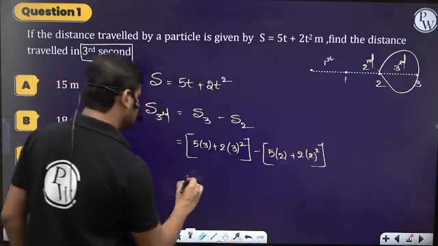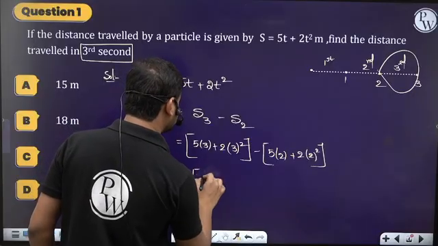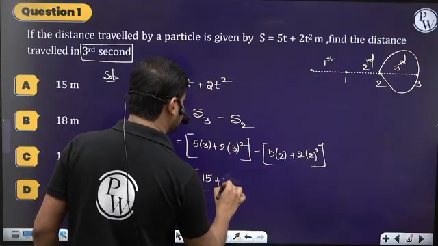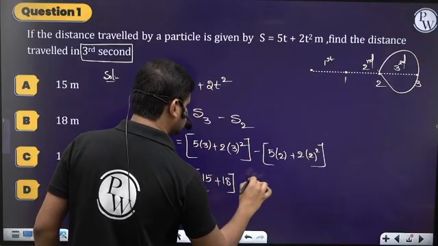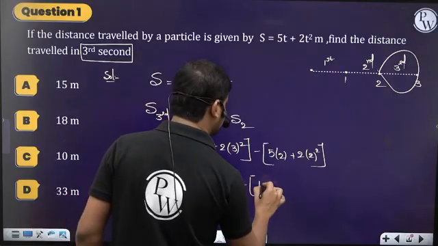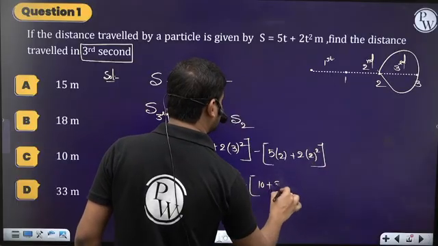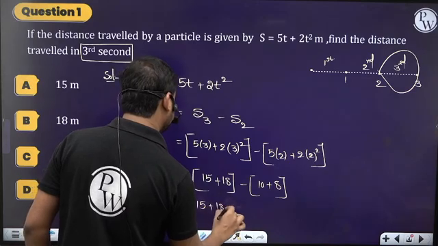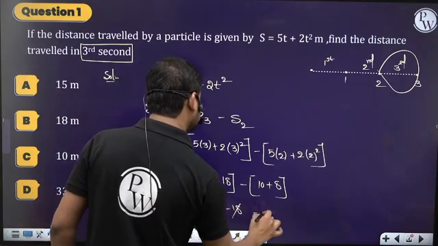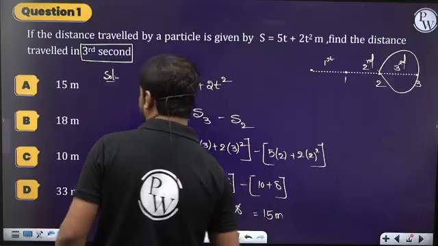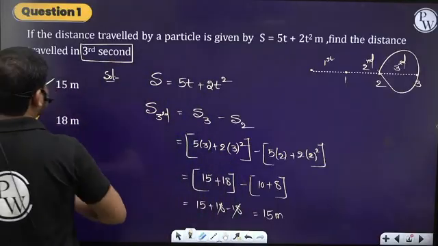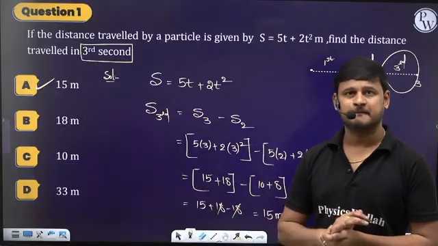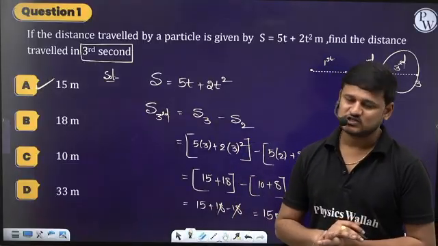So now 5 into 3 is 15 plus, 3 square is 9, 9 into 2 is 18, minus 10 plus 4 into 2 is 8. Which comes out to be 15 plus 18 minus 18. The plus 18 and minus 18 cancel, so it's going to be 15 meters. Option A is the correct one. Understanding? Just the basic understanding. Clear? Chalo, let's move further.